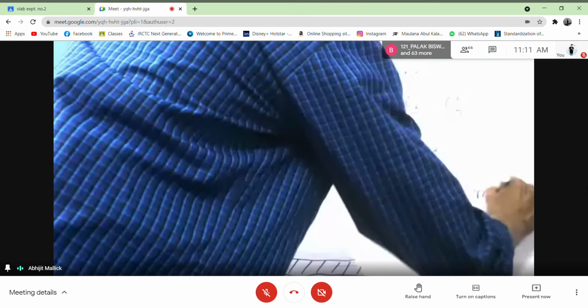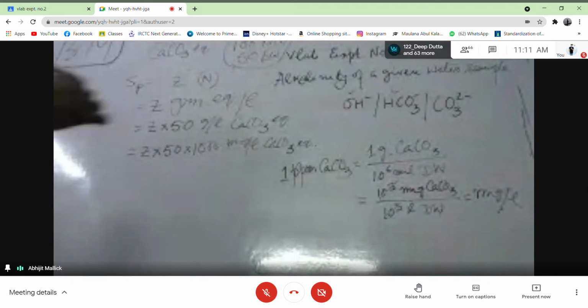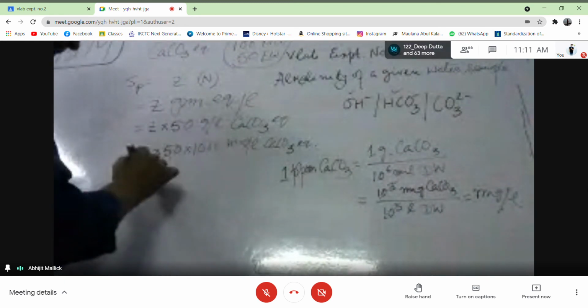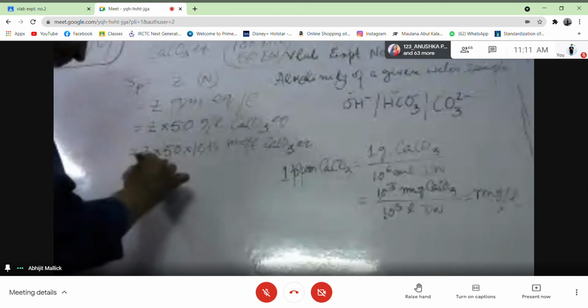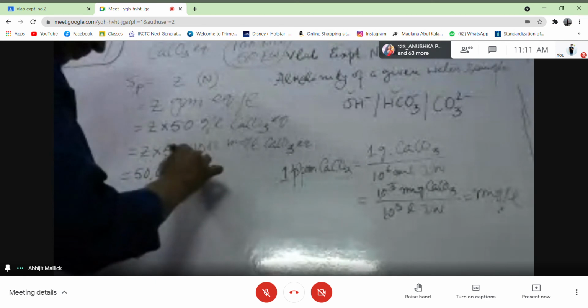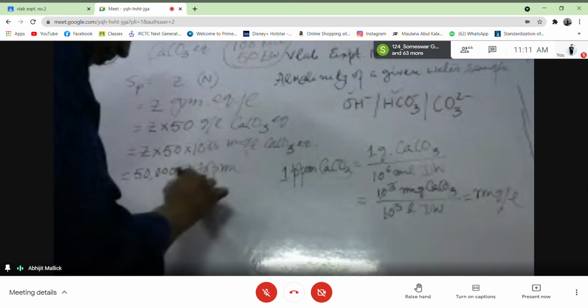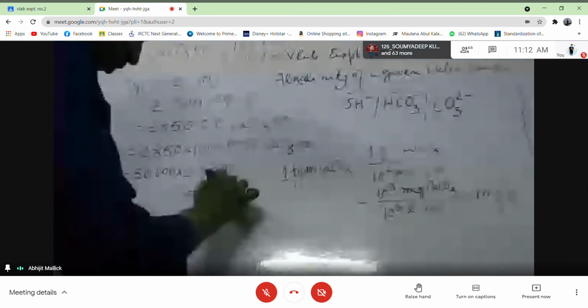That is what I wanted to say: ppm means milligram per liter. So our answer will be like this: 50,000 into Z ppm CaCO3 equivalent. So this will be our answer.